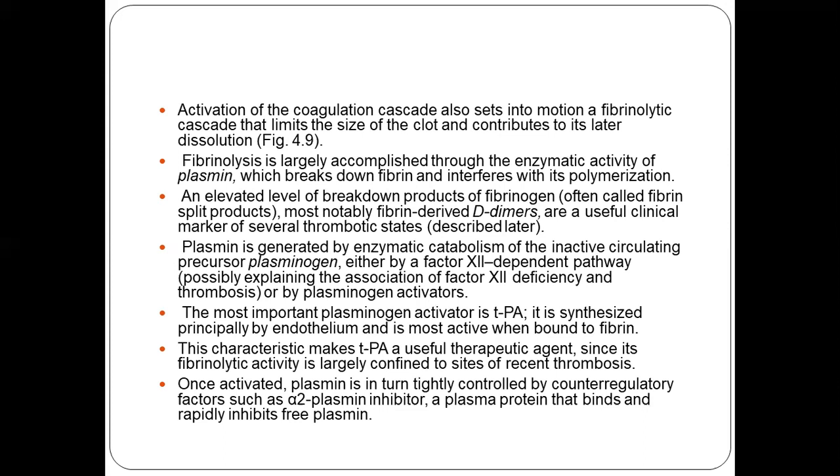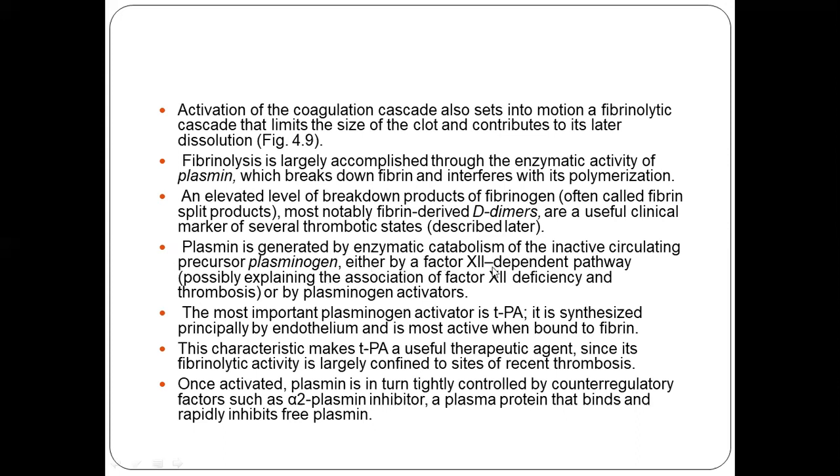Plasmin is generated by enzymatic catabolism of the inactive circulating precursor plasminogen, either by a factor 12 dependent pathway, possibly explaining the association of factor 12 deficiency and thrombosis, or by plasminogen activator. So, how does factor 12 deficiency cause thrombosis?